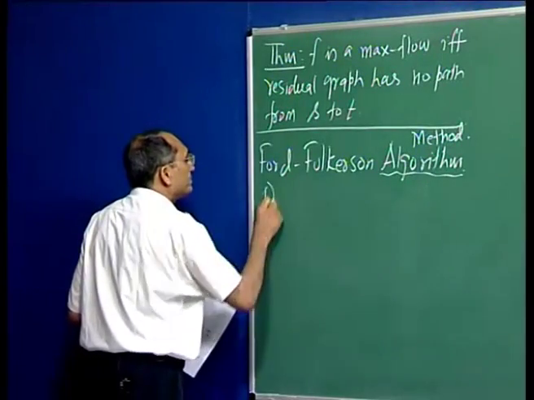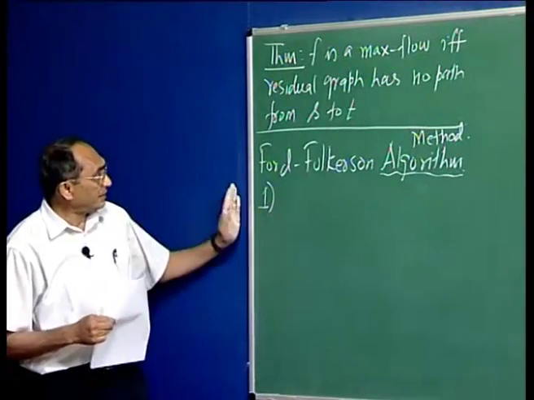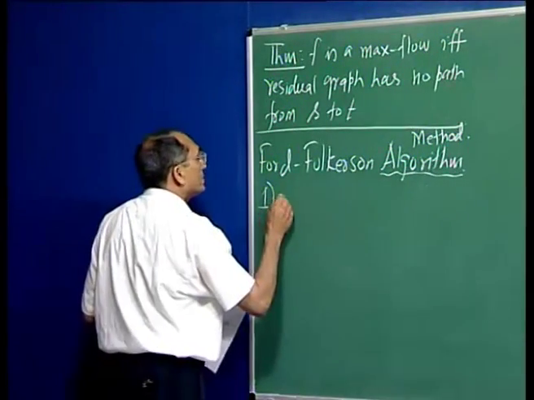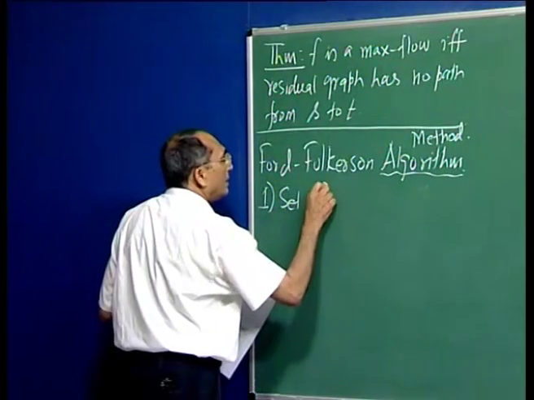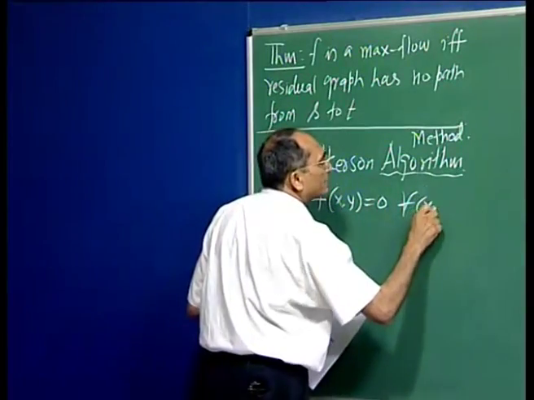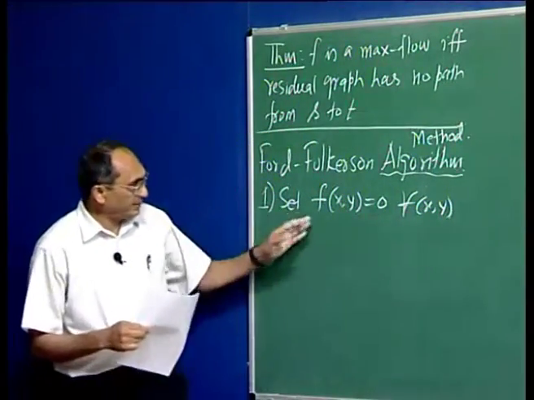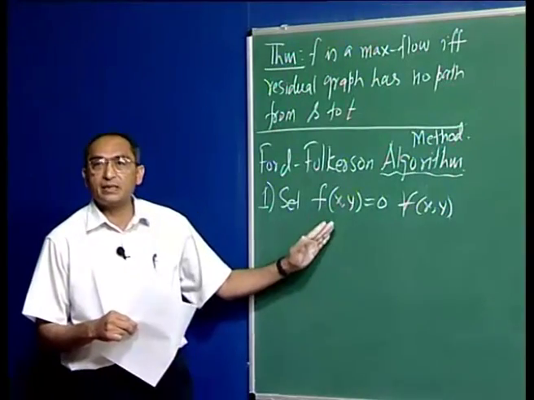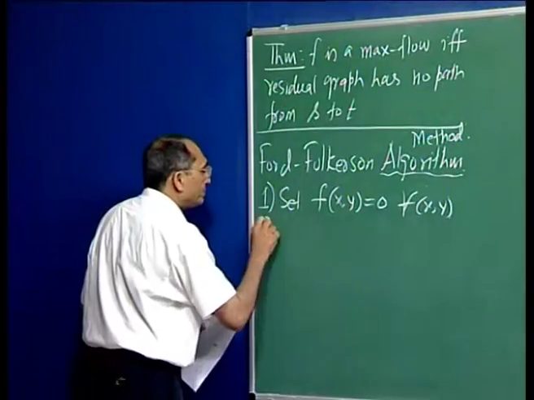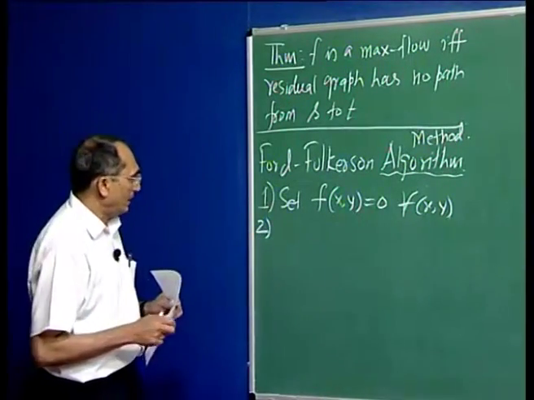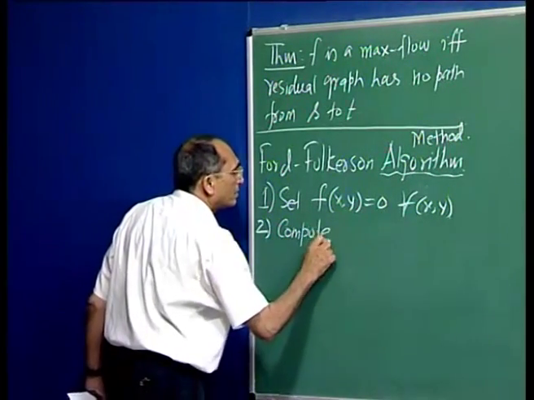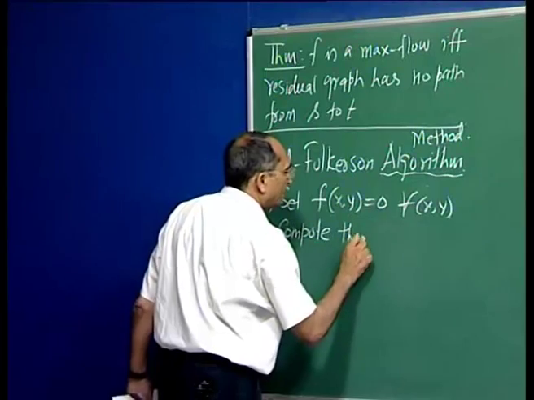What this says is that let us initialize a zero flow in the graph. So, set f(x, y) to be 0 for all edges (x, y). Note that this is a valid flow, it satisfies all the conditions of the flow required. Then compute the residual graph.